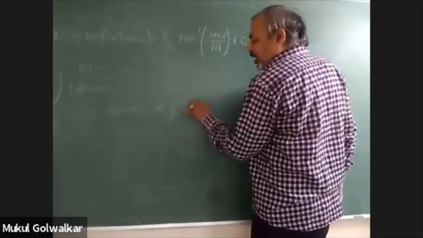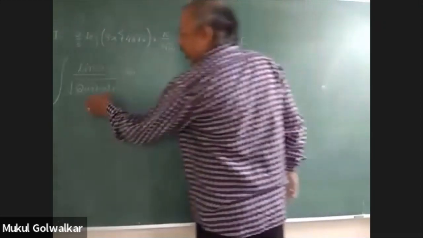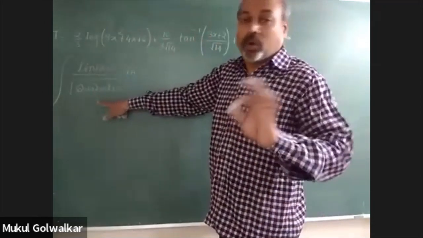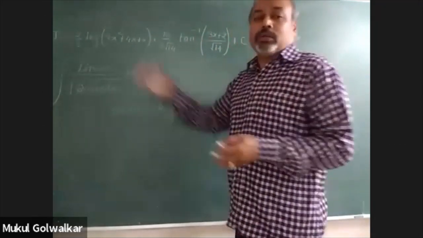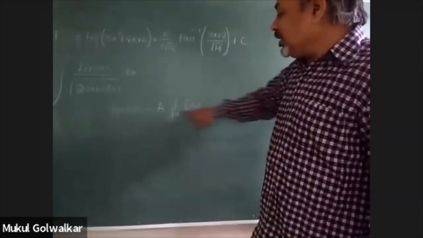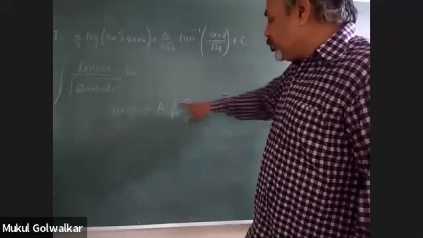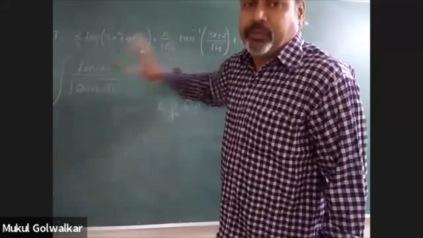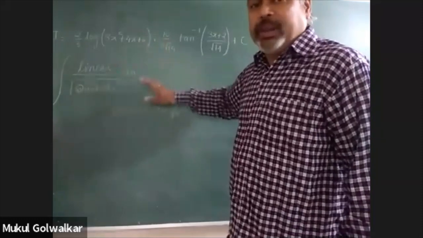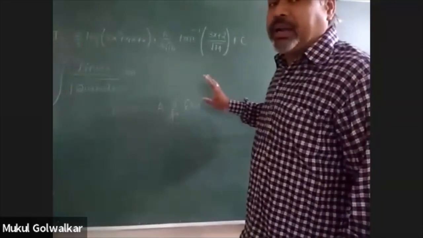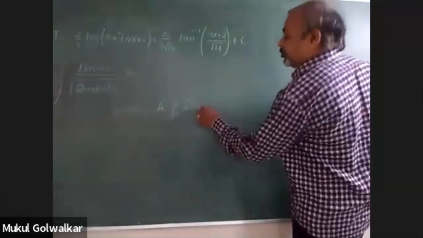Whether this quadratic is within the square root sign or outside the square root sign, it does not make any effect on the method of solving the question. Okay, so while considering the derivative, we should differentiate only the quadratic. This square root sign should be left. We are not considering derivative of square root of quadratic. Okay, mind it well.